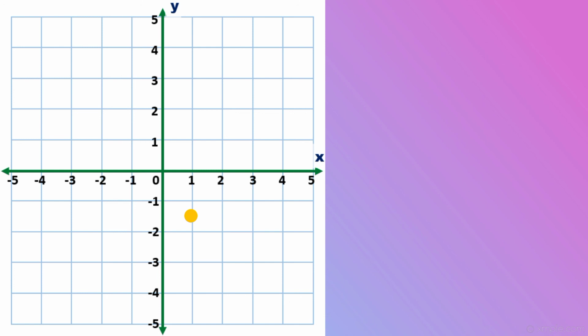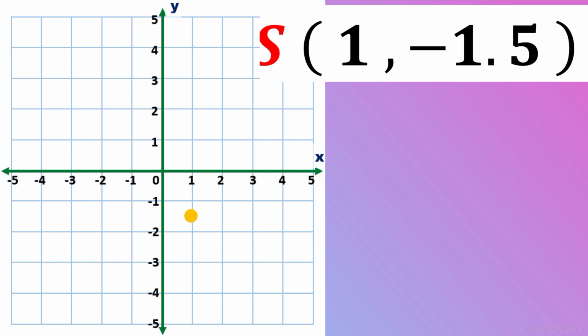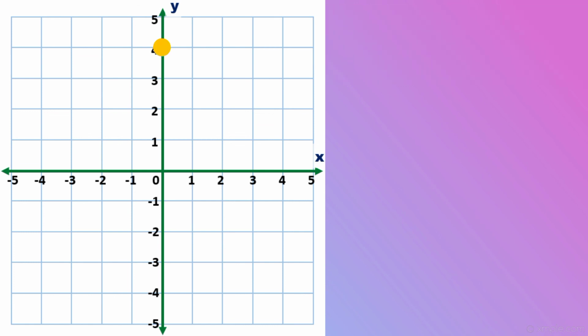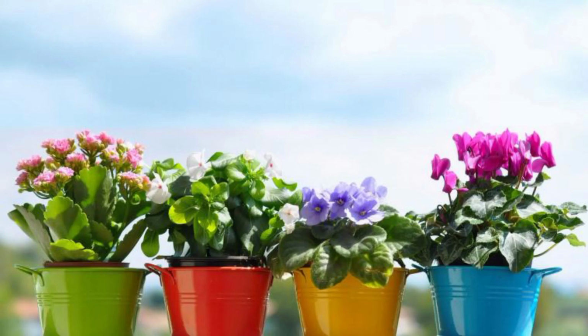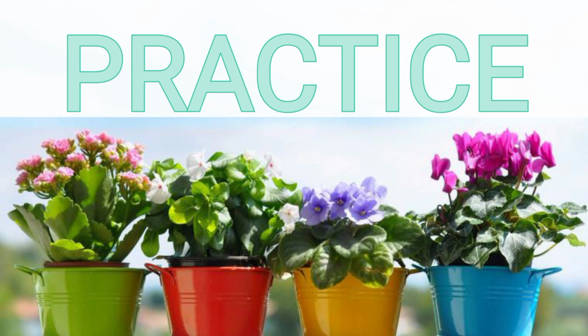This is 1, -1 and 1/2, or -1.5. And this, since the point is on the positive y-axis and there is no x coordinate, we can write it as 0, 4, or we can name it as point T. Okay, that would be all for that activity.